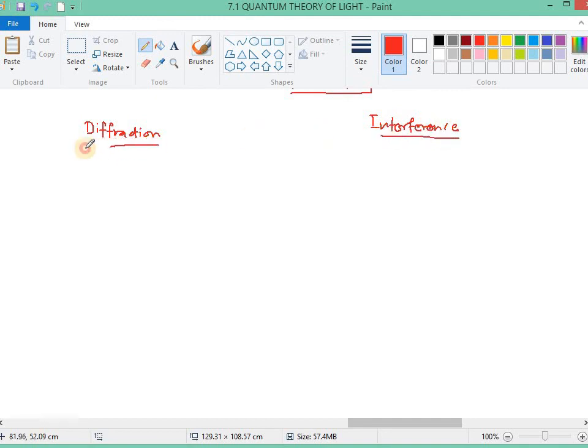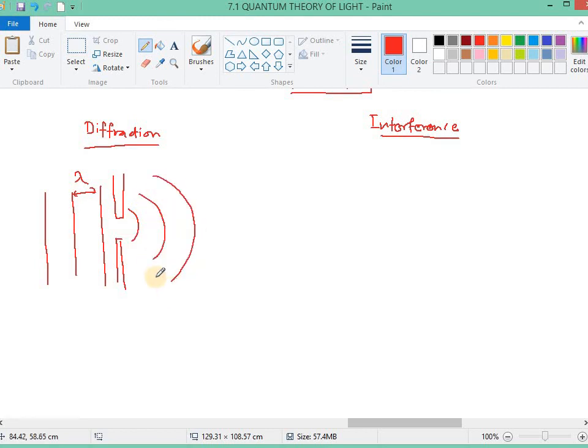Okay, let's talk about diffraction first. How is it that we can see an obvious effect of diffraction? Previously, when we learned about diffraction, we learned that if we want the effect of diffraction to be obvious, the wavelength must be longer than the gap, the aperture of the gap or the slit or the hole. If the wavelength is longer, then we can get obvious diffraction.